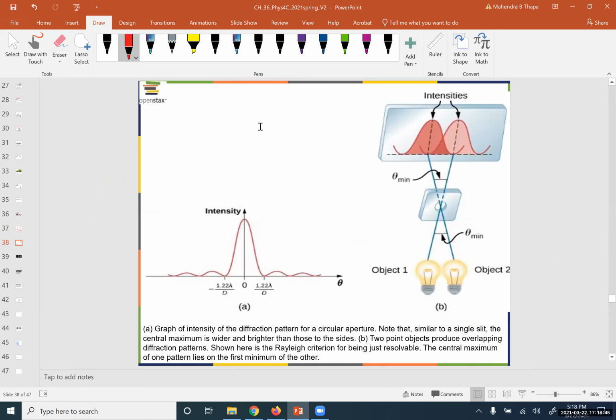So this is the same picture. We just see that this is the position for the first minimum. If this condition is satisfied, we can see a clear picture of object 1 and object 2.